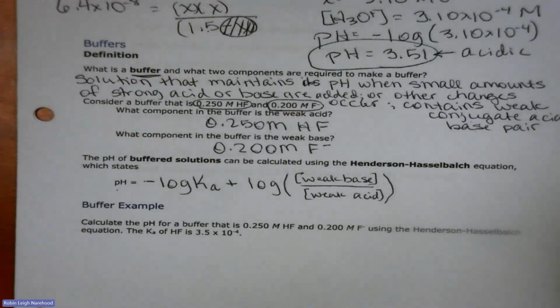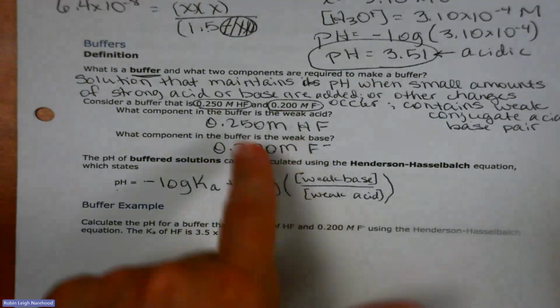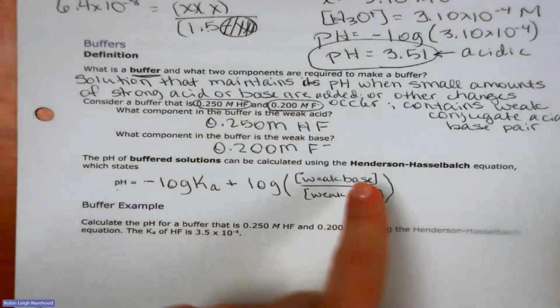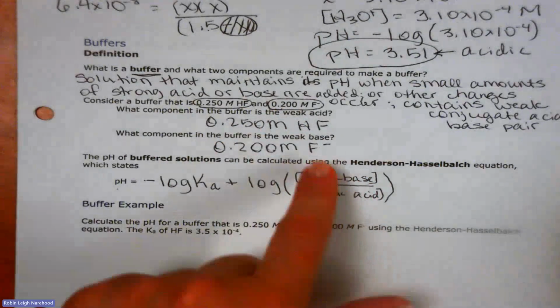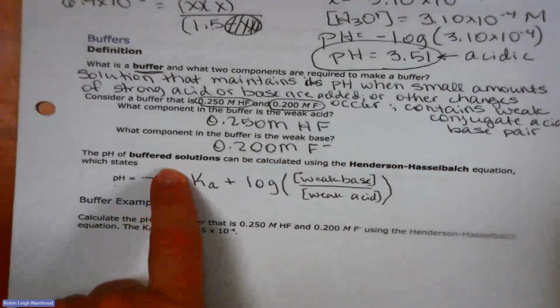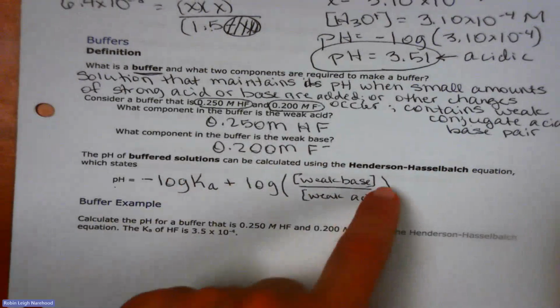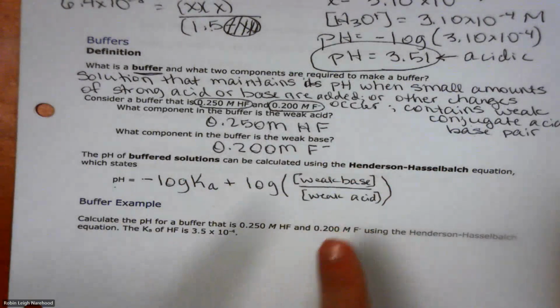You can also use moles of each because they're in the same solution, so they have the same volume. Molarity is moles over liters, so the liters would cancel because they're the same volume. Here we already have the molarity, so we don't have to convert it. Moles or molarity work for the buffer because they're in the same solution.